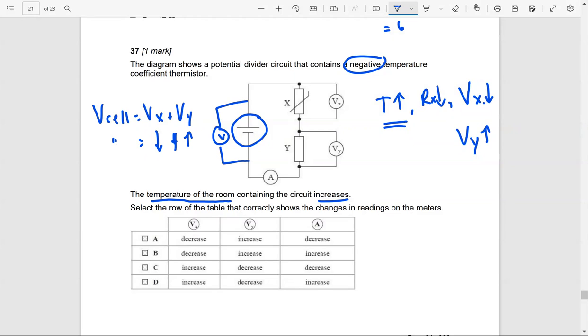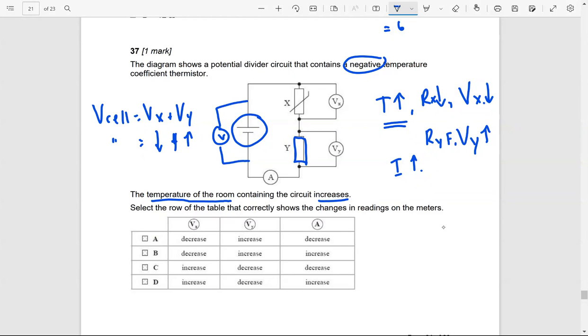And if the temperature of the room is increasing, then the current is going to increase as well, because Ry is fixed. It's a fixed resistor. We can see that by this symbol.